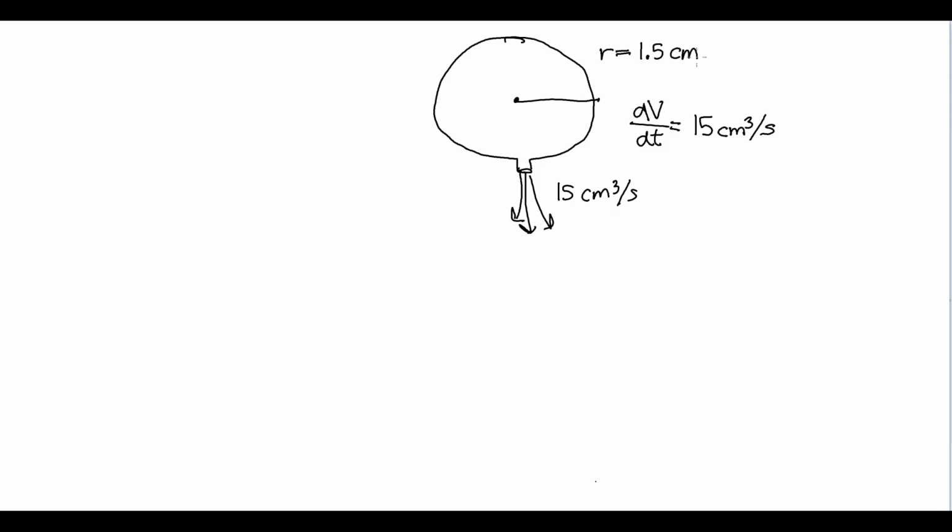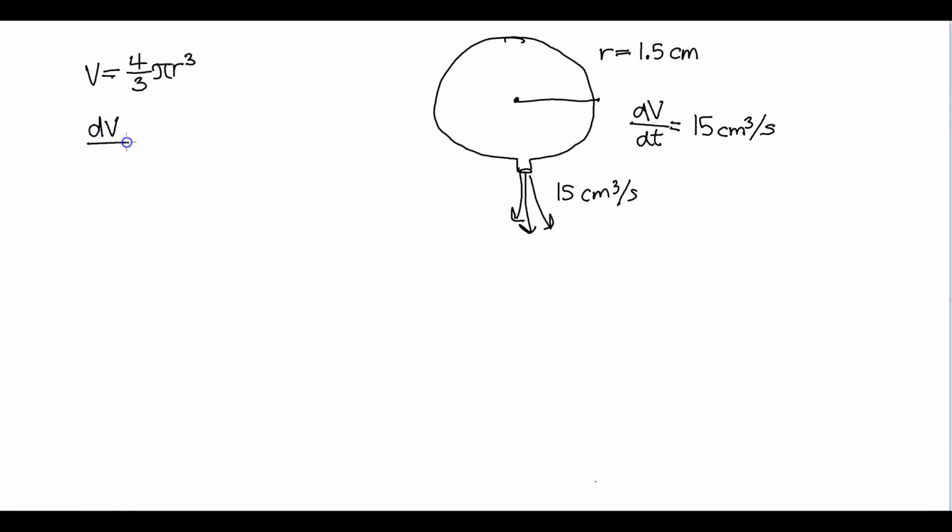We first have to find the volume equation. The volume of a sphere, it is a spherical balloon, is 4/3 pi r cubed. So we want to differentiate with respect to time.